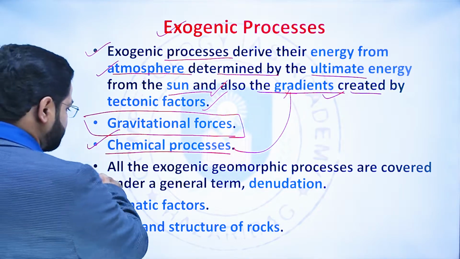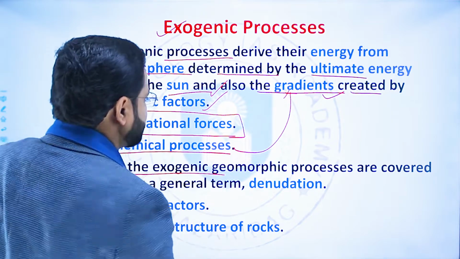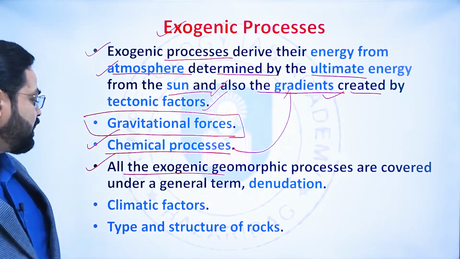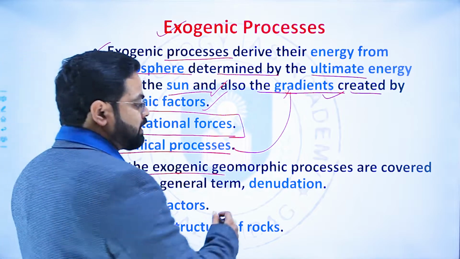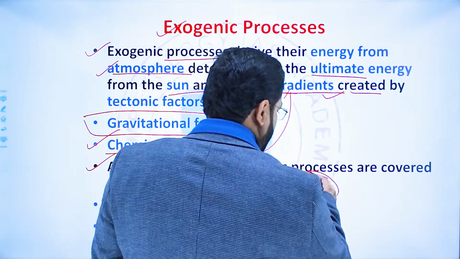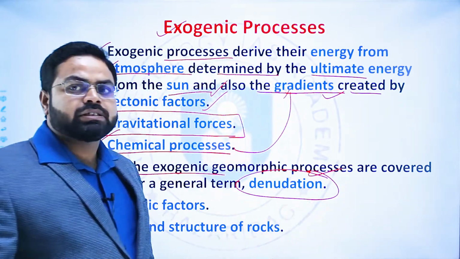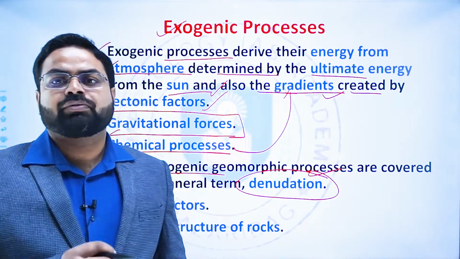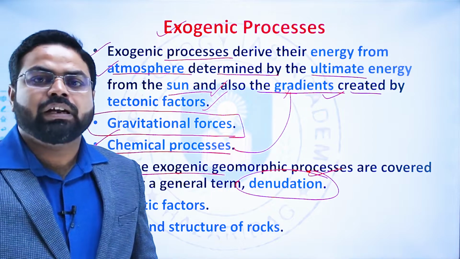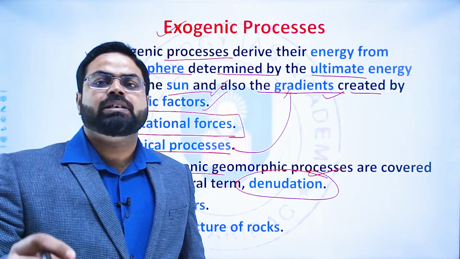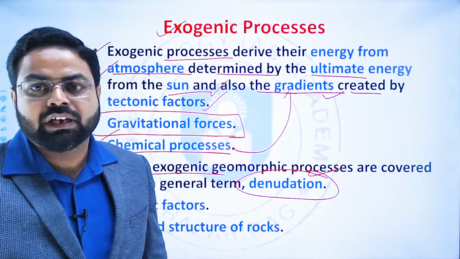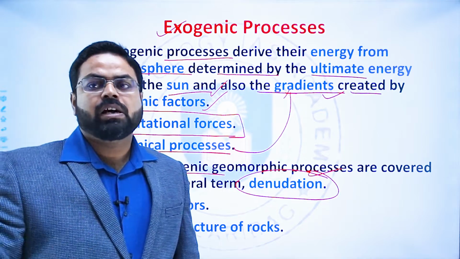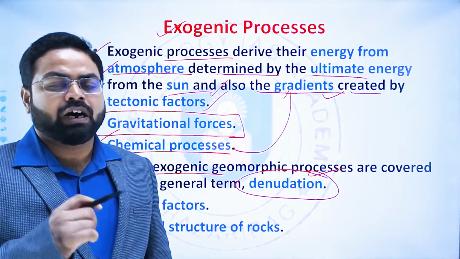Now all the exogenic geomorphic processes are covered under a general term, that is denudation. And why is this so? This is so because all the exogenic geomorphic processes are mainly causing the degradation and disintegration of the physical features which are there on the surface of the earth.